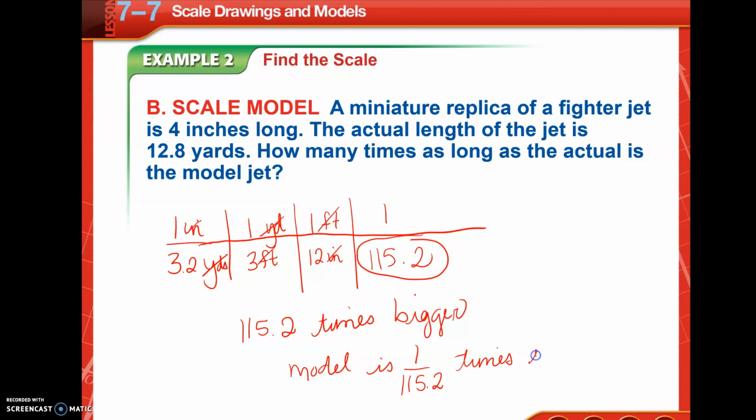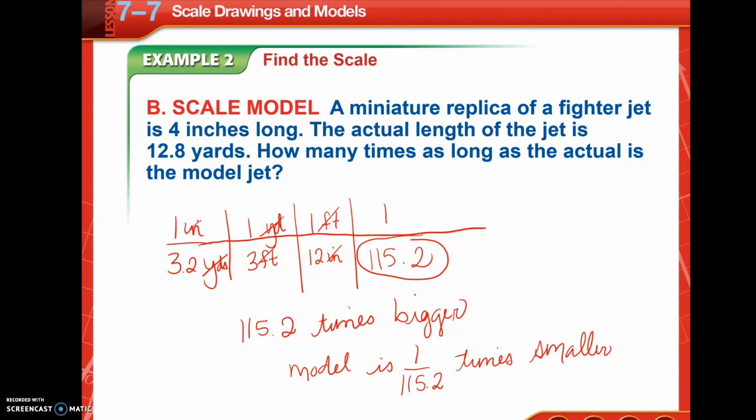So you can look at it either way and just really watch on your worksheets and your home tests and stuff that it's asking. If it's how many times bigger, then it's this 115.2. If it's like what is the scale or what is the model to the actual, it's 1 over 115.2 times.